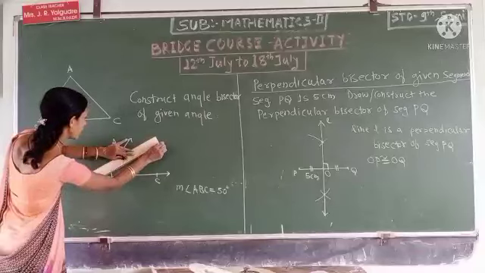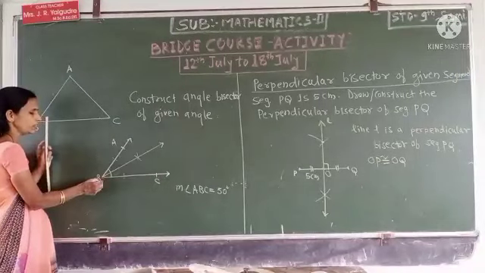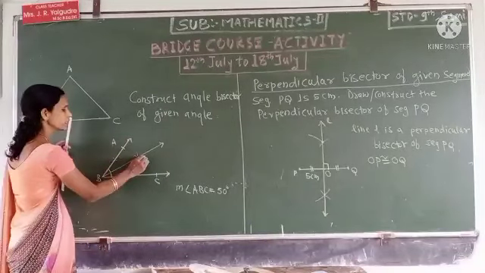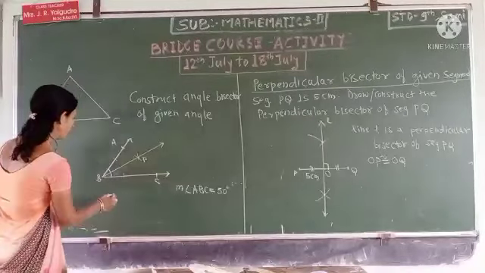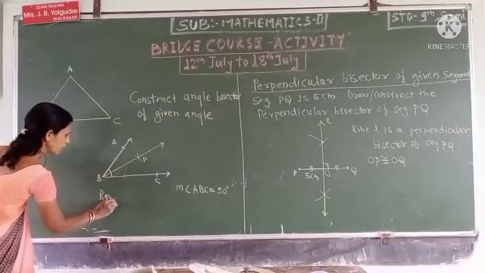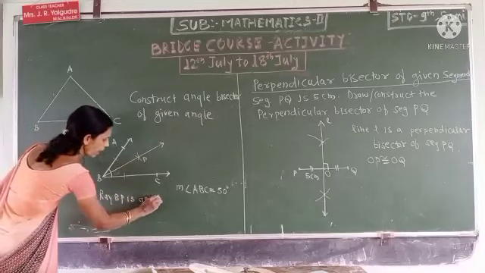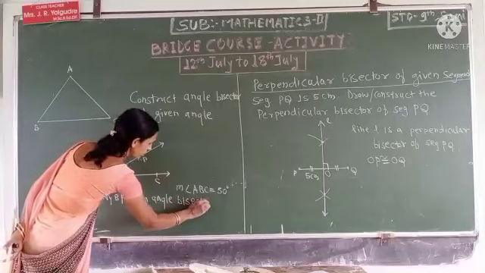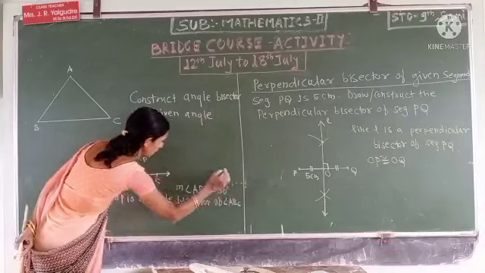Then the ray from point B passing through this point, that is point P. See here, the ray BP is an angle bisector of angle ABC.